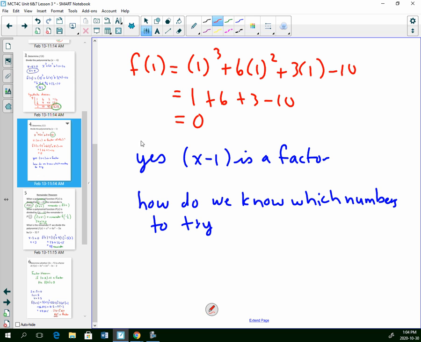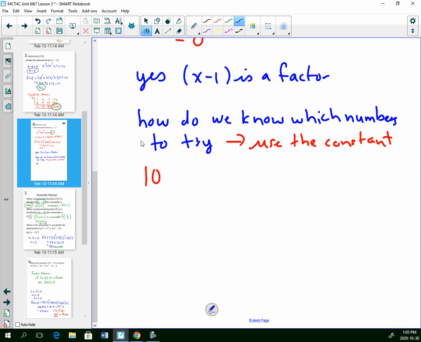So we look at the constant. In this case, it's 10. So I'm going to use factors of 10, any number that divides into 10 evenly.